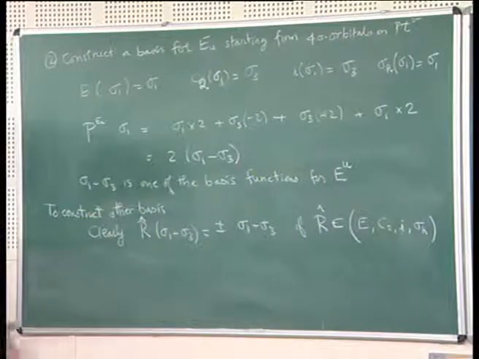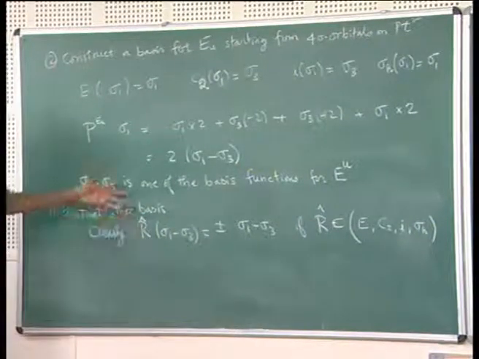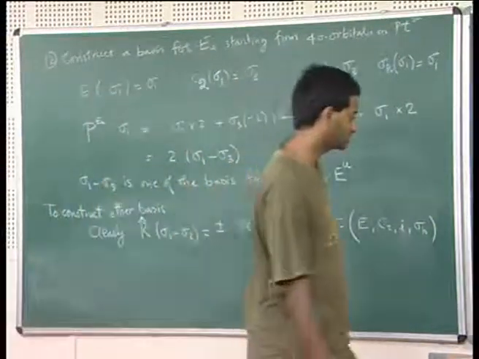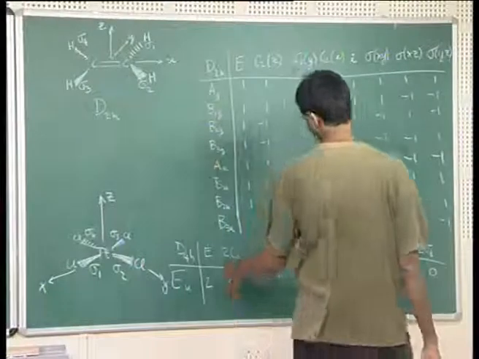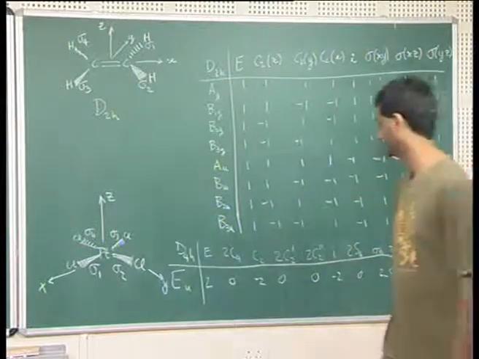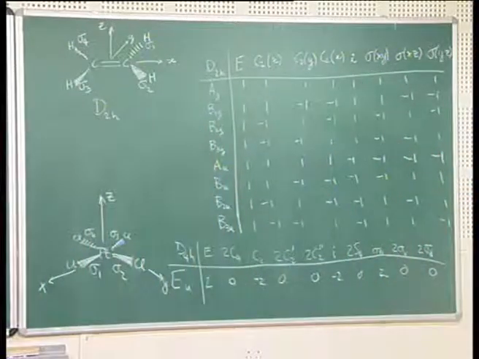So in order to find the other bases, we can use one trick. We can operate on sigma 1 minus sigma 3 by some other operation, one that does not belong to this set. So let us operate by C4.